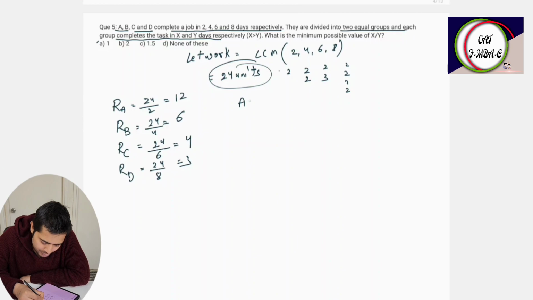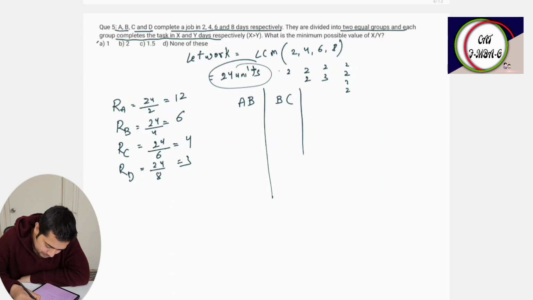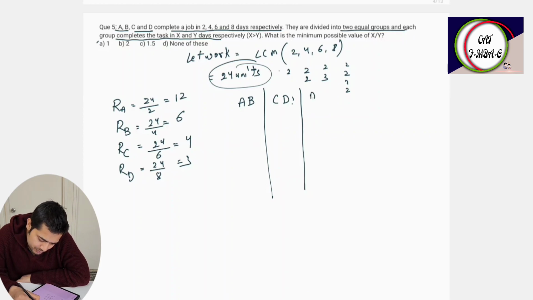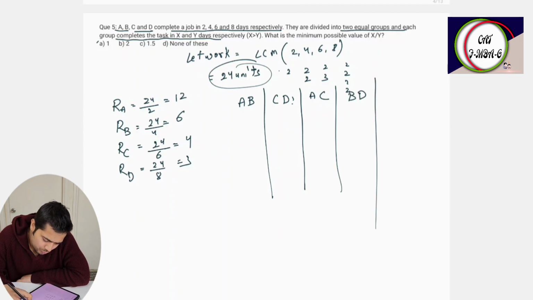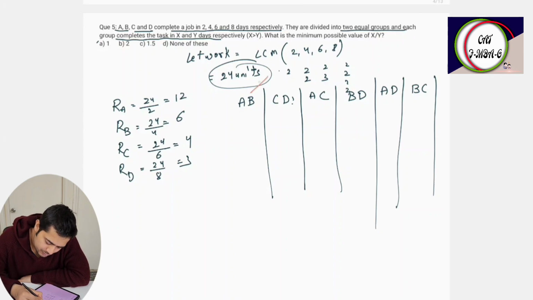So the two groups can be A, B and then the other group will be C, D; or the group can be A, C and the other group will be B, D; or the group can be A, D and the other group will be B, C.